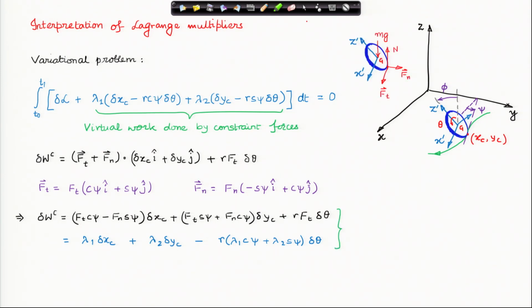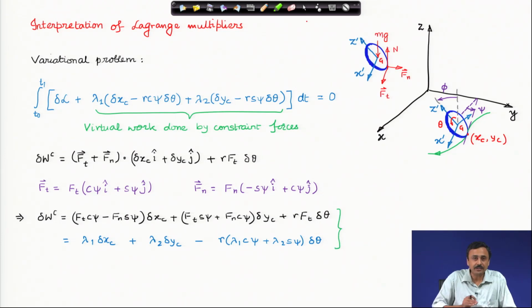I can now compare, so that I can relate these lambdas with Ft, Fn, etc. I can compare these two expressions. Remember, these two expressions have come from two sources. This has come from our free body diagram, the virtual work done from the free body diagram, which means we have used the physical forces, and this has come from our variational statement.